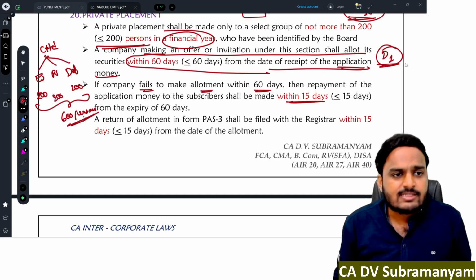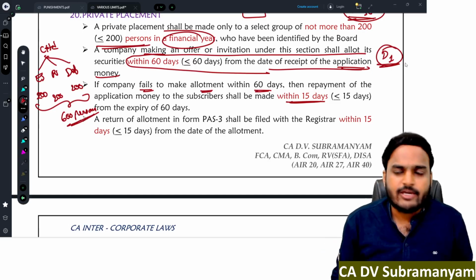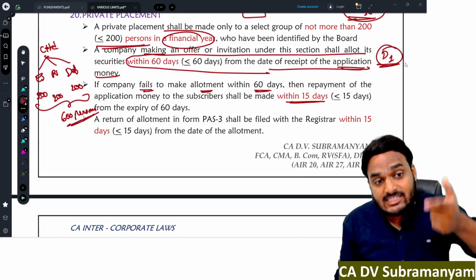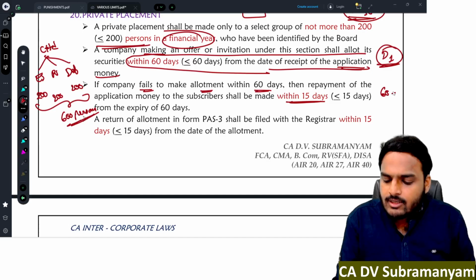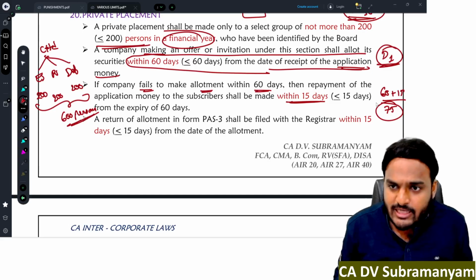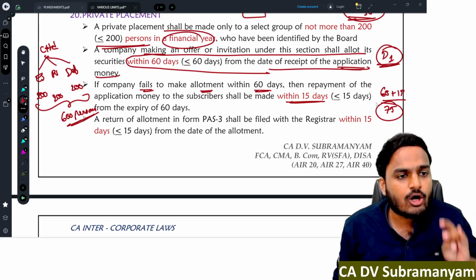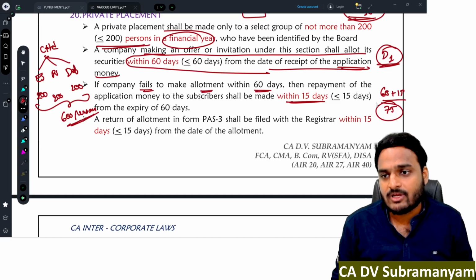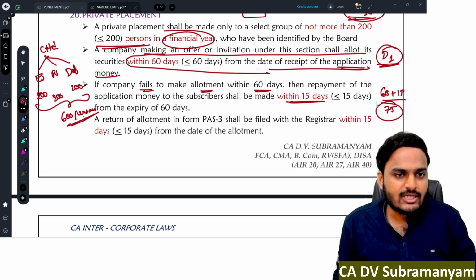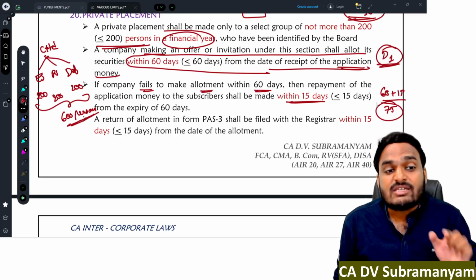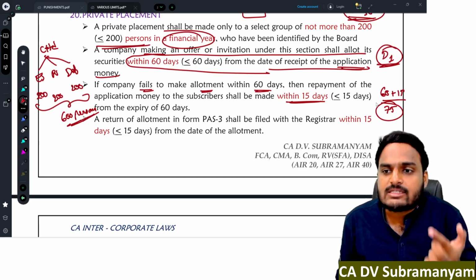Within 60 days, company has to make allotment. If company fails to make allotment, then within next 15 days, that means total 60 plus 15, that means within 75 days from the date of receipt of application money, company has to refund all those application monies. Failed, then company has to pay interest. Company has to pay interest not from 76th day but from 61st day.